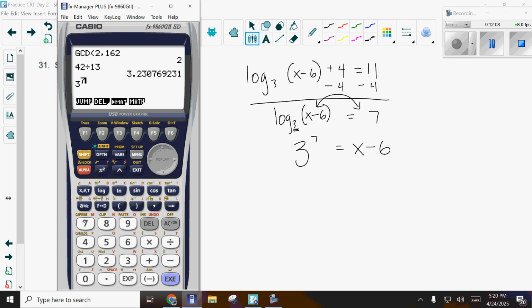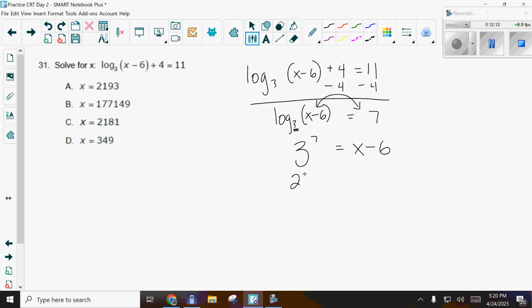It's going to be a pretty big number. 2,187. And then add 6. 2,193. So the correct answer for number 31 is choice A.